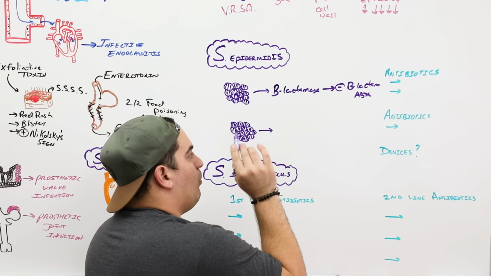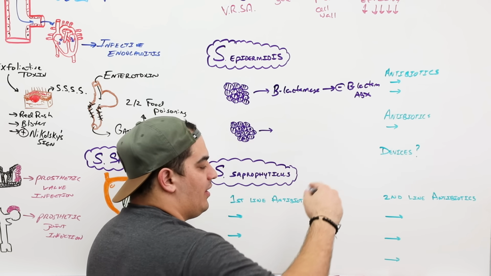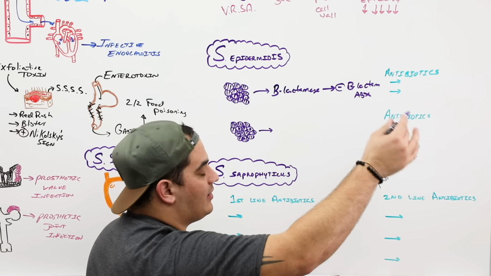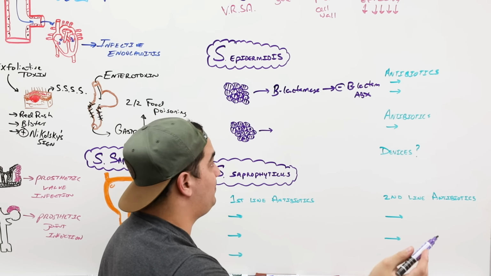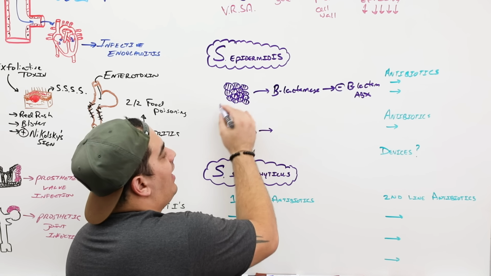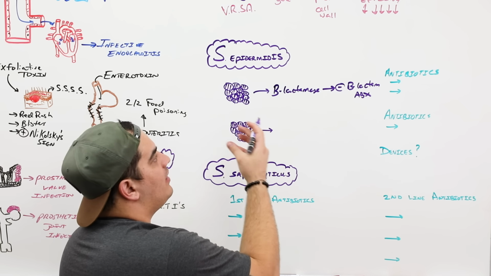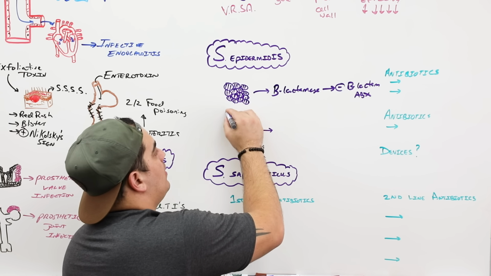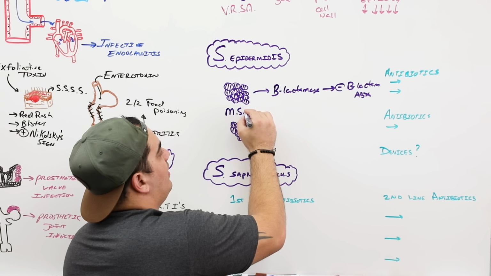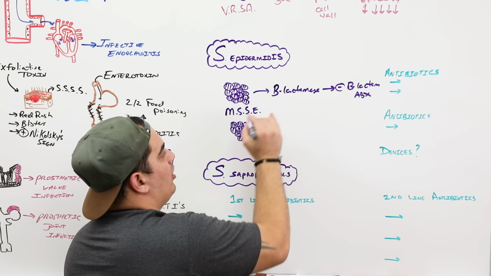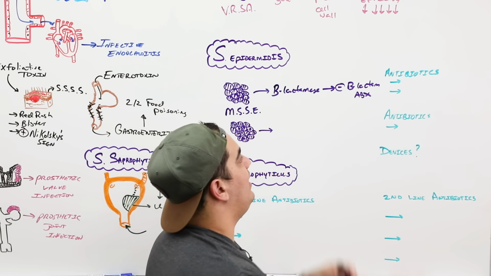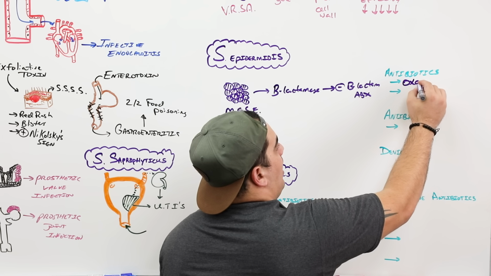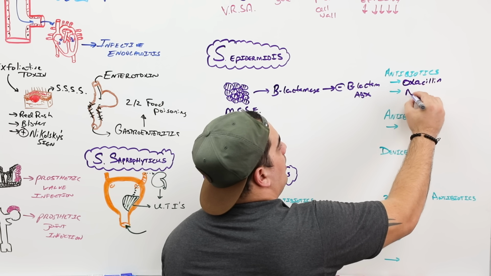But it's still sensitive to things similar to oxacillin and nafcillin, like methicillin. So this is technically what's called methicillin-sensitive Staphylococcus epidermidis, and you can treat these types of infections with oxacillin and nafcillin.